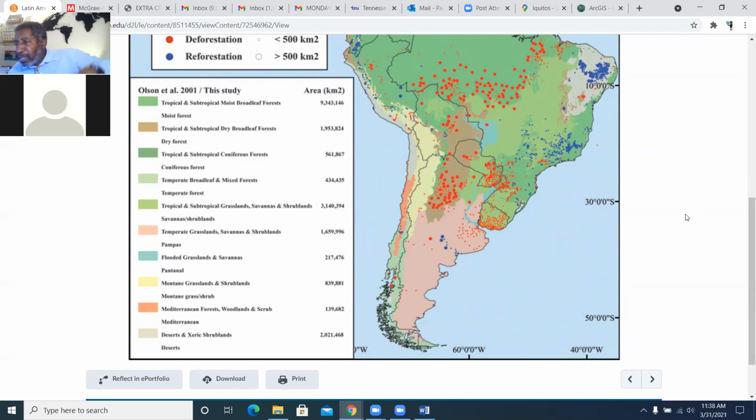Of course, precipitation and temperature are the two main elements of climate. And so if you notice, given what I've just said, on the west coast of South America, where the Atacama Desert is located, we of course find desert and xeric shrublands.